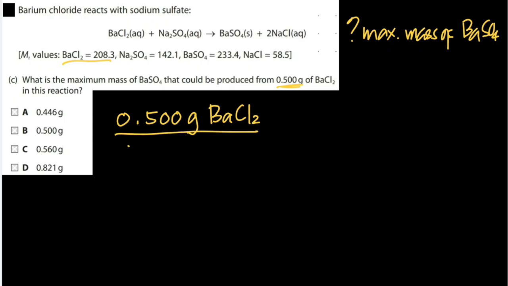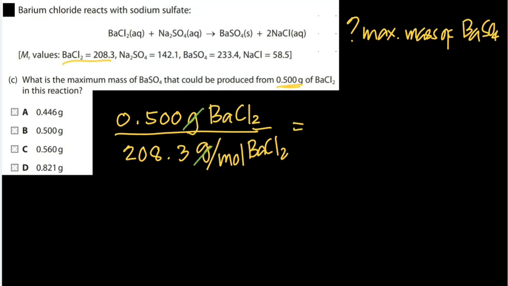So we divide this by 208.3 grams per mole barium chloride. So the gram unit here cancels out, then we're left with the mole unit. So using your calculator, this would give us a value of 2.4 times 10 to the negative 3, or 0.00240 mole barium chloride.